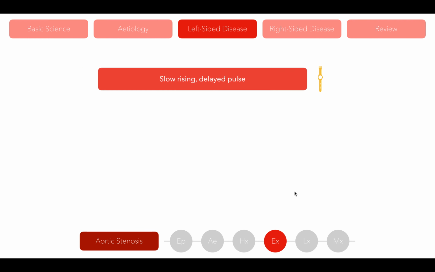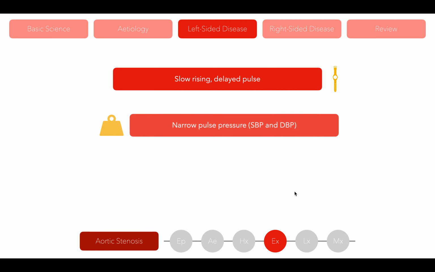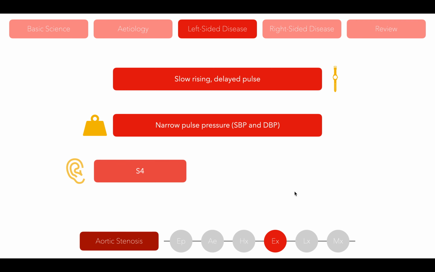So, the exam: you're going to see a slow rising, delayed pulse. And of course that makes sense, because it's going to take a lot longer in that cardiac cycle to push the blood through the smaller orifice. There's going to be a narrow pulse pressure between systolic and diastolic pressures, because your preload and afterload are changing based on cardiac output.